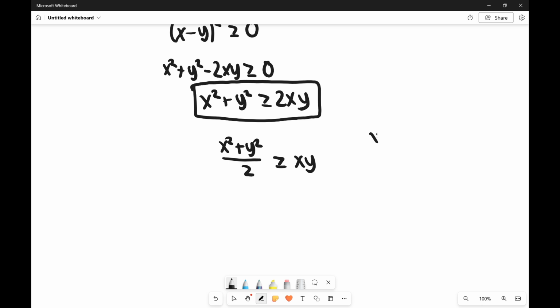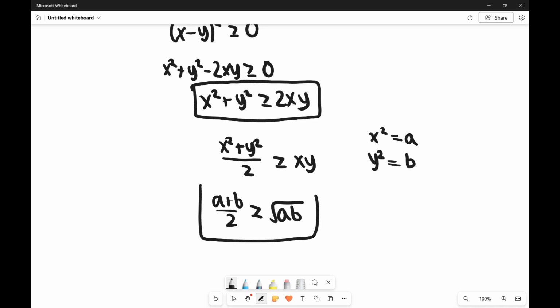So let's let x squared equal a and y squared equal b. Then we have that (a plus b) over 2 is greater than or equal to the square root of ab, with equality holding if and only if a is equal to b, and x squared is equal to y squared. This is the simplest form of what is called the AM-GM inequality.